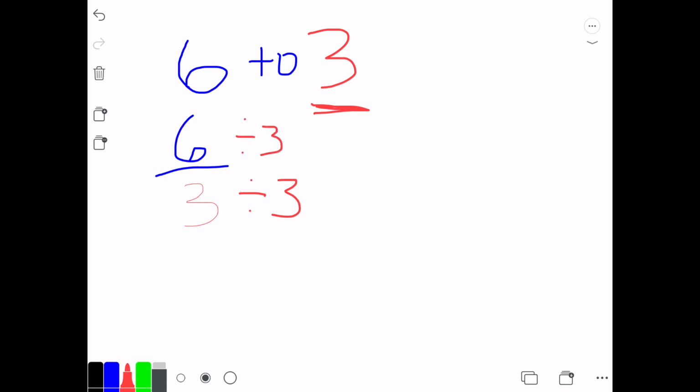Sometimes our top number is not going to divide perfectly with the bottom number. That's okay, because with a unit rate, all we care about is that this part turns into a 1. So in this case, 6 divided by 3 is 2, and 3 divided by 3 is 1. So our unit rate is 2 to 1.